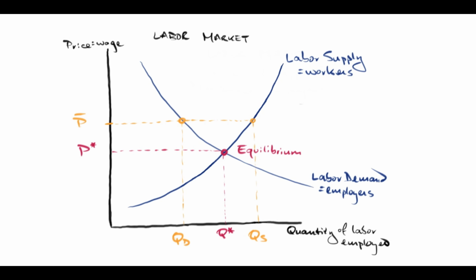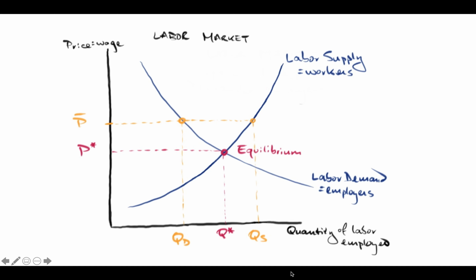Okay, so here is this minimum wage, P bar. Workers must be paid at least P bar. And so let me just say, employers will not pay them a penny more than that. Okay, at a wage of P bar, we can go and look at the labor supply curve in order to know how many workers would want to work at this wage of P bar.